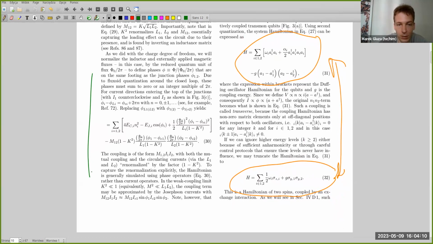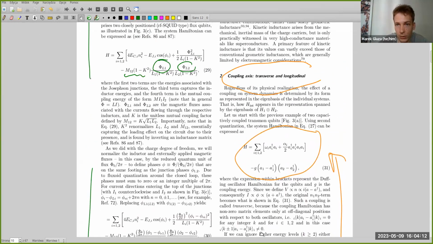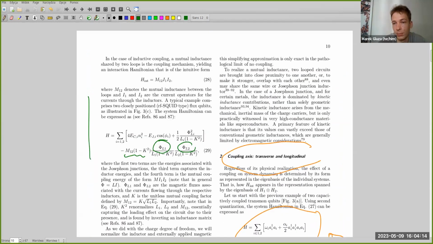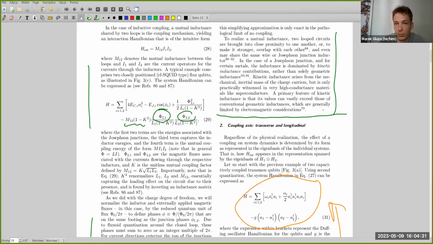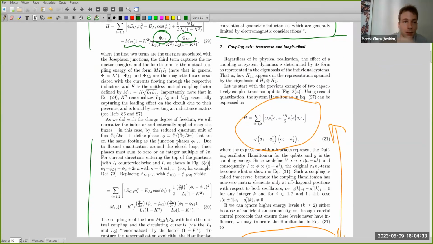In the end, it's becoming a little bit more technically detailed, but it's a similar structure of the Hamiltonian. I guess there is some stuff to say about this, but I'm not so particularly familiar with that. And if I will ever need it, I will read more about this inductive coupling. For now, I didn't need it, so I won't say much more there.